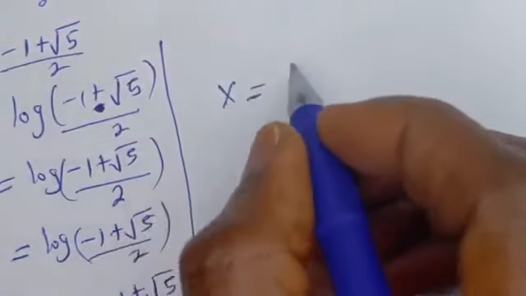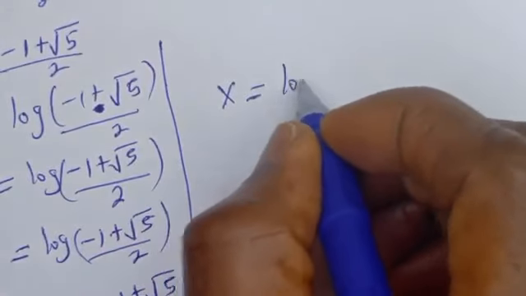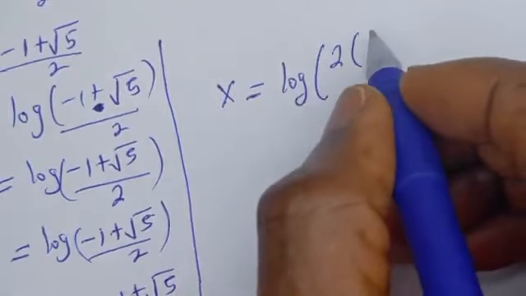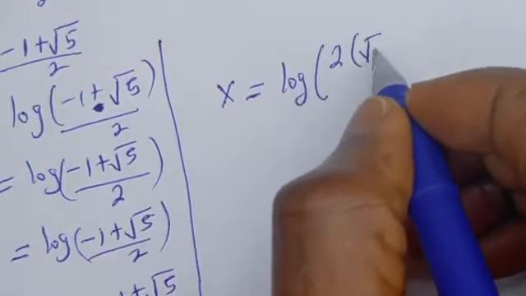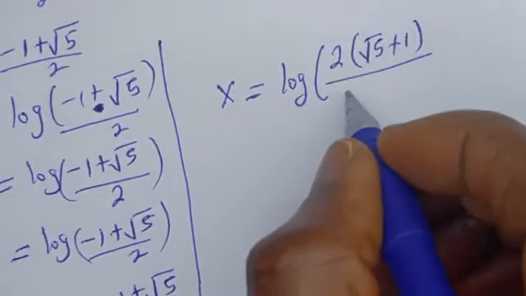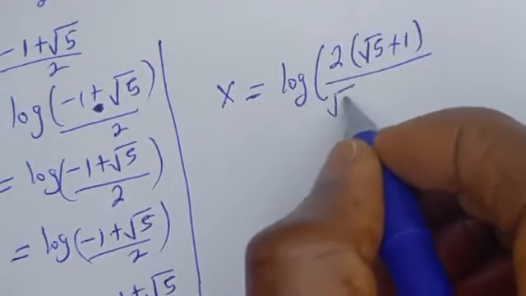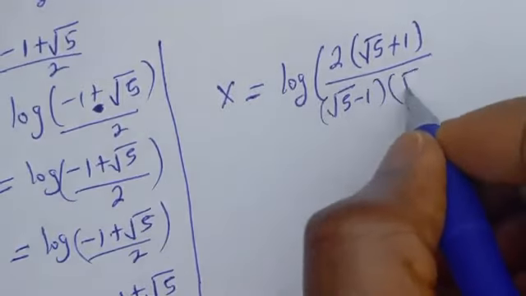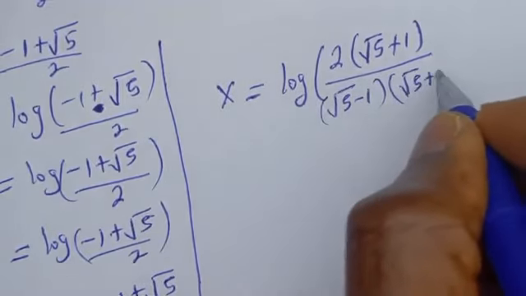S is equal to log of 2 multiplied by root 5 plus 1, divided by root 5 minus 1 multiplied by root 5 plus 1.